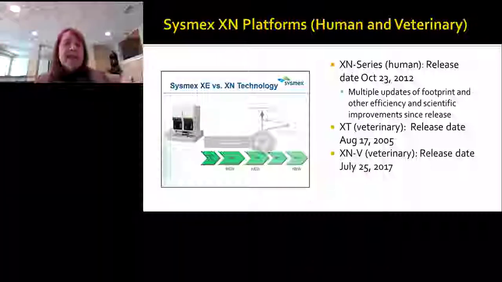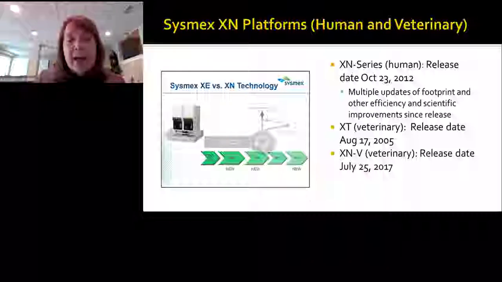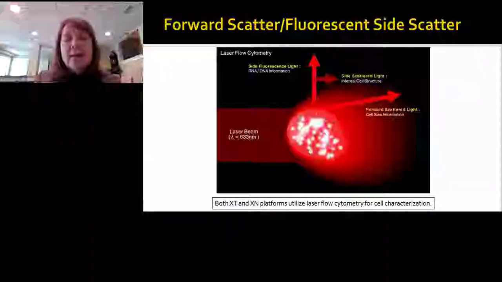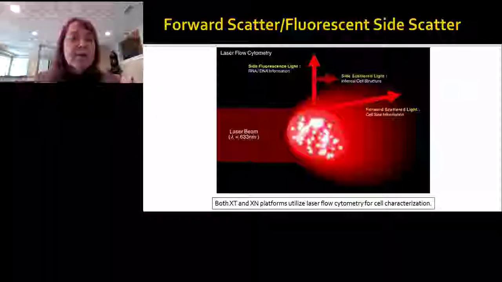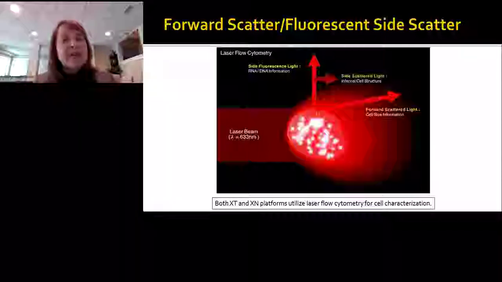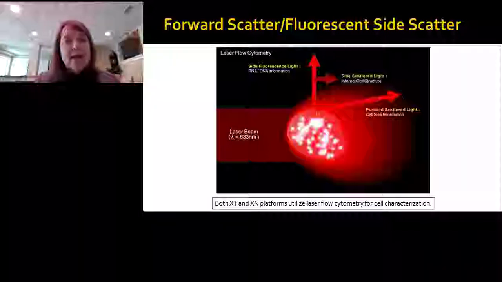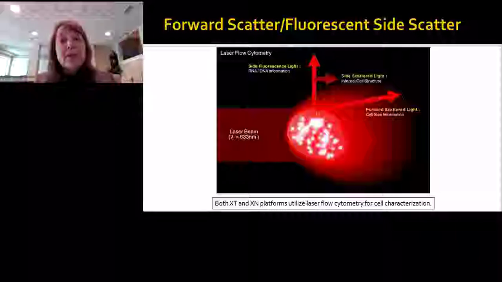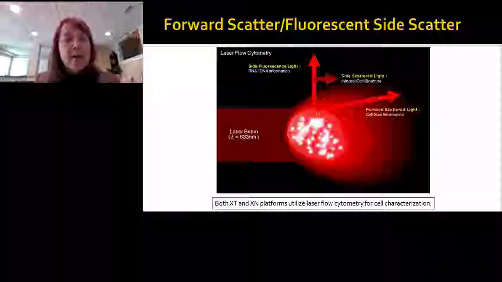Both XT and XN platforms utilize laser flow cytometry for cell characterization. As the image shows, the analyzer uses a laser beam at 633 nanometers, and as the cell passes through the light, it scatters light, which the analyzer captures.